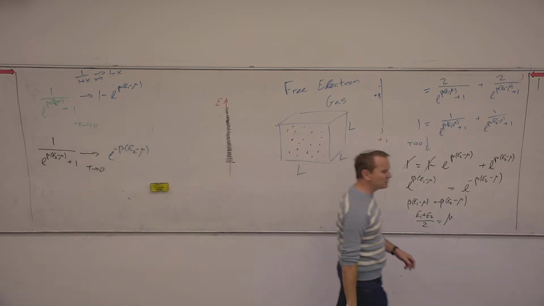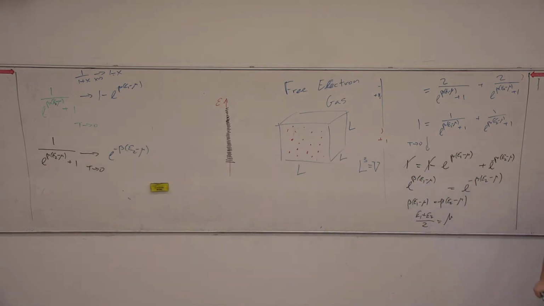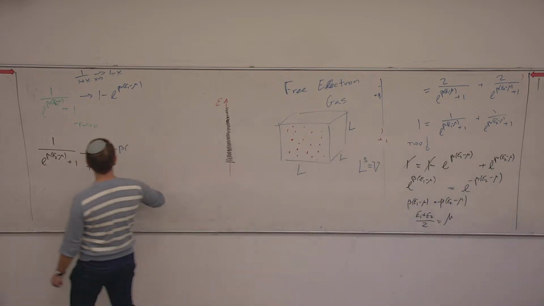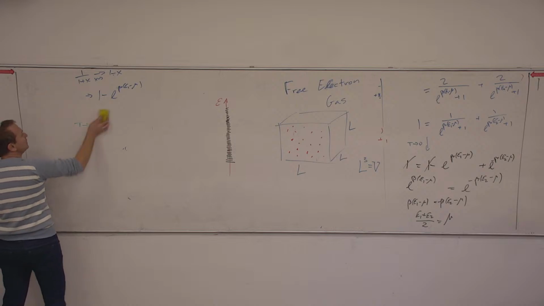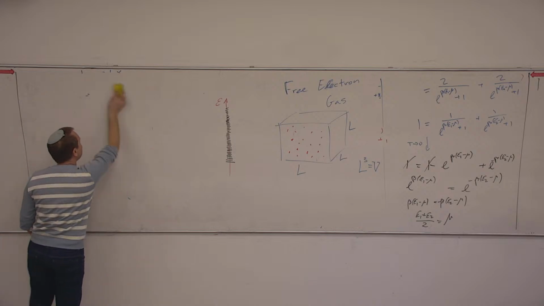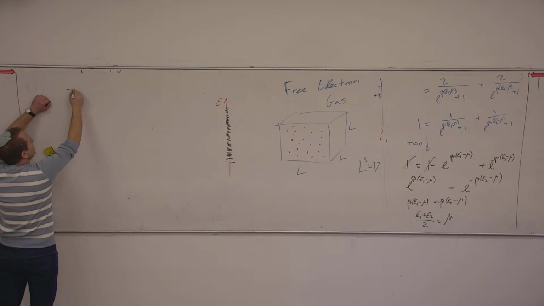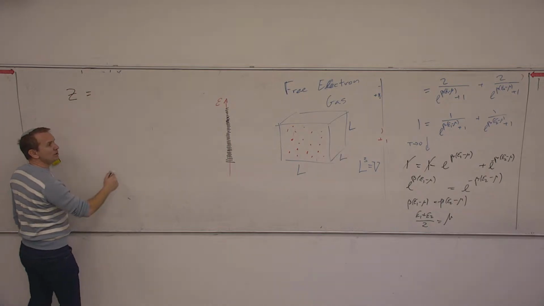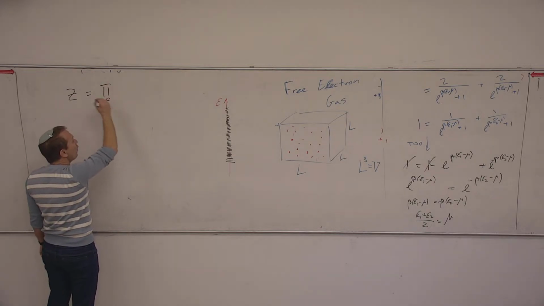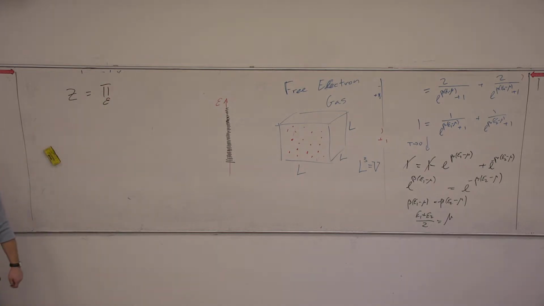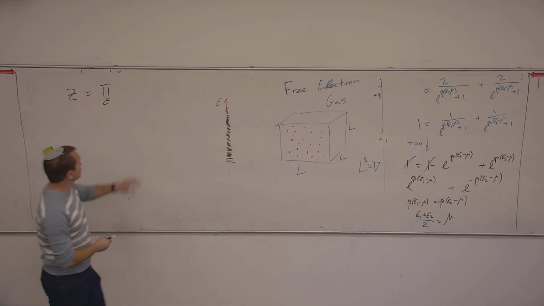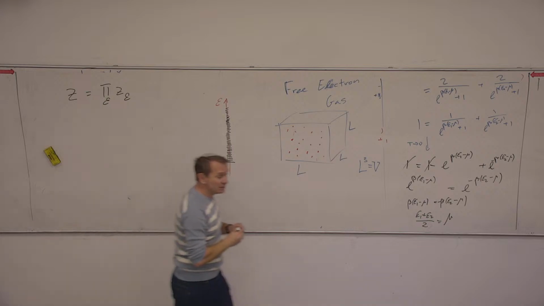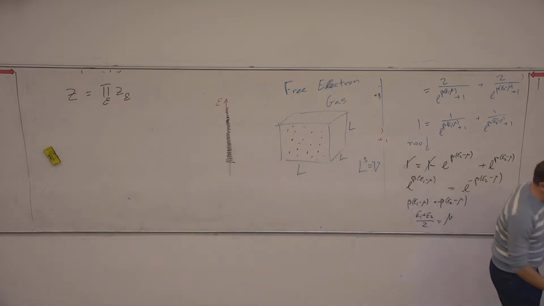So we are going to use the continuum limit, while the grand canonical representation is going to be exactly the same. So z, the grand canonical function, is going to be a multiplication of all the different energetic levels of z epsilon, and all of this is going to be to the power of 2.